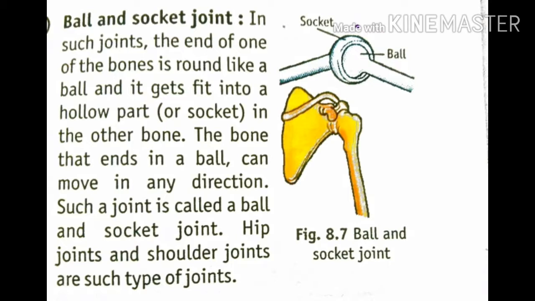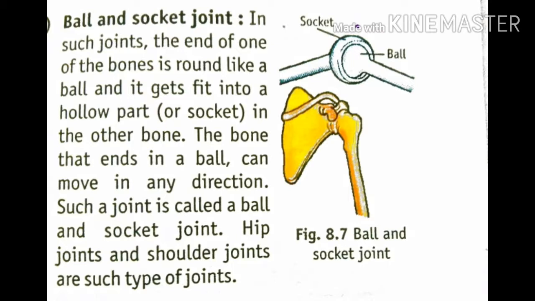The ball-shaped end of the bone fits into the socket-shaped end of another bone. This joint is found in the hip and shoulder. They allow free movements in all directions. So this is an example of freely movable joints.